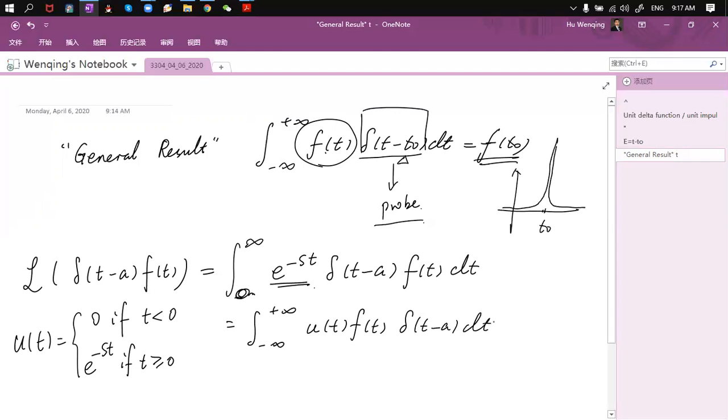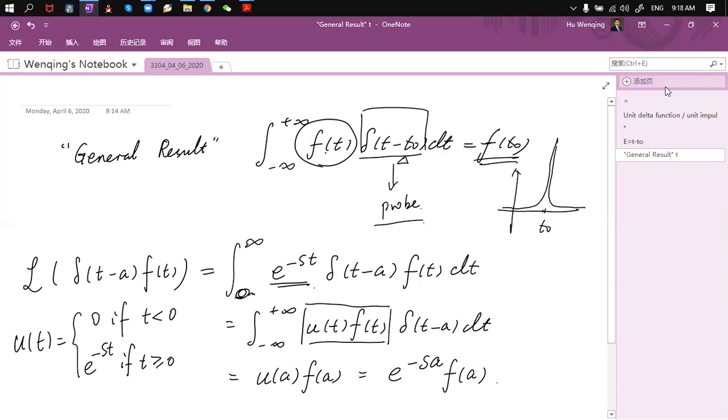It's very similar to the general result here, but you treat u(t) multiplied by f(t) as a whole function. So you just get u of a and f of a, because here t0 is replaced by a. So u of a is equal to e to the power minus s multiplied by a, multiplied by f of a.